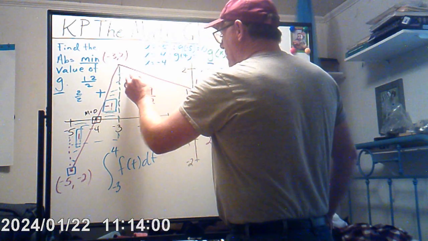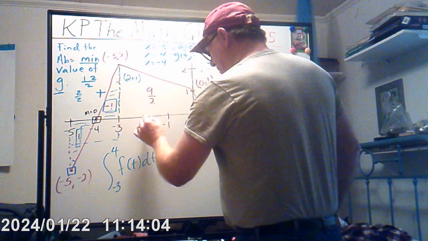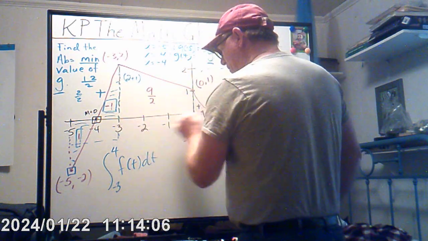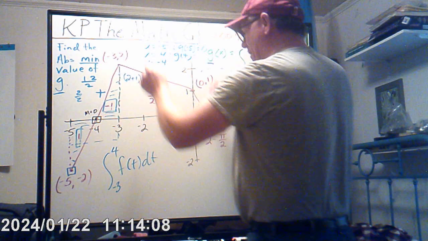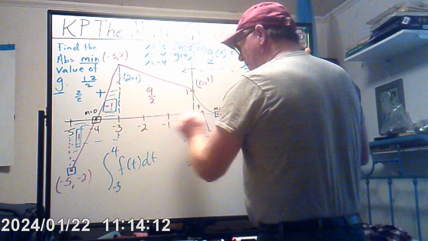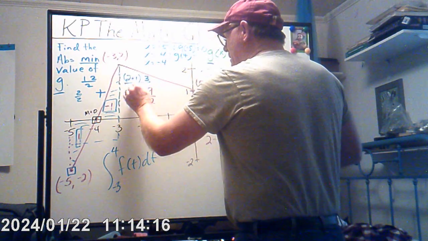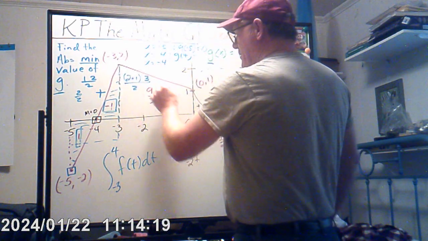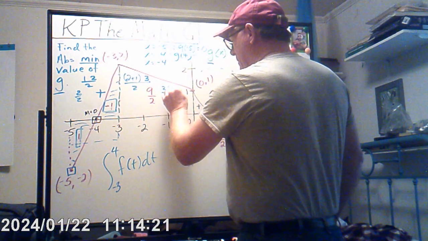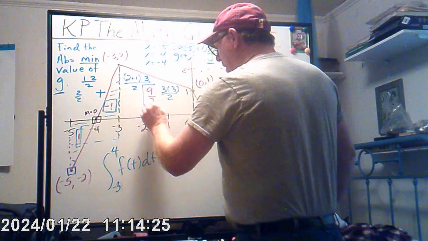So what we have is 2 plus 1, and then this distance is the height of it. Actually, it's laying sideways. So base 1, base 2, and then the height is 1, 2, 3. So times 3, and of course, divided by 2. So this is 3 times 3 divided by 2, which is equal to 9/2.